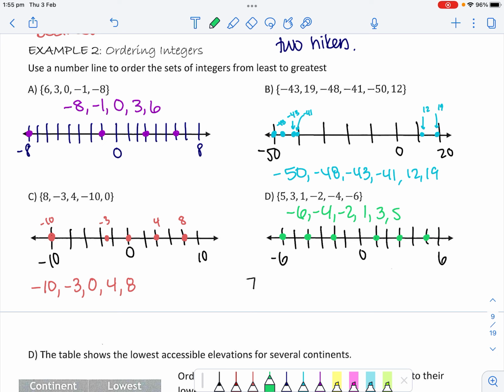Now it is really important that you pay attention to the fact that this is least to greatest. That's why I'm listing them from left to right on the number line. It is very rare that you'll be asked to do something from greatest to least, but we do need to pay attention to those directions. So least to greatest means furthest left to furthest right on the number line.